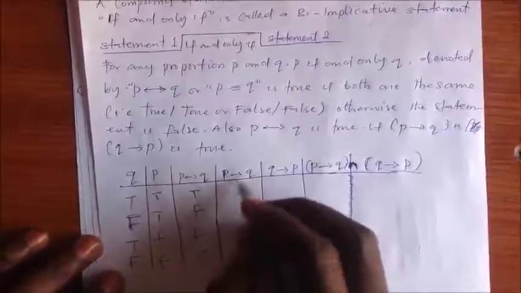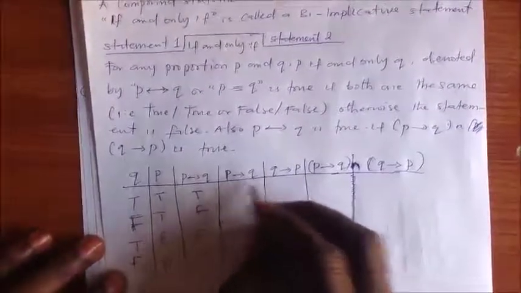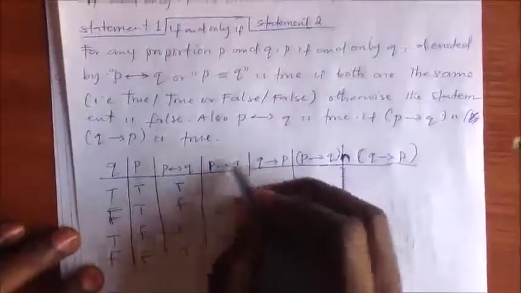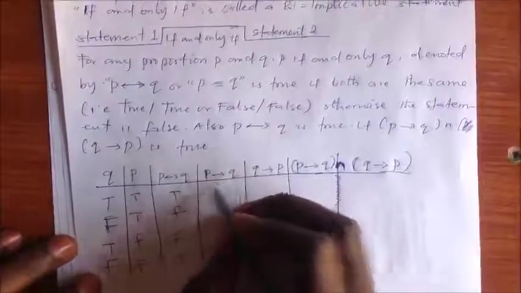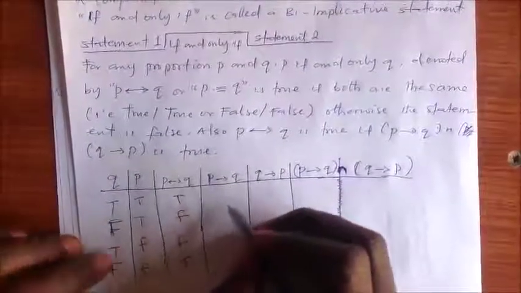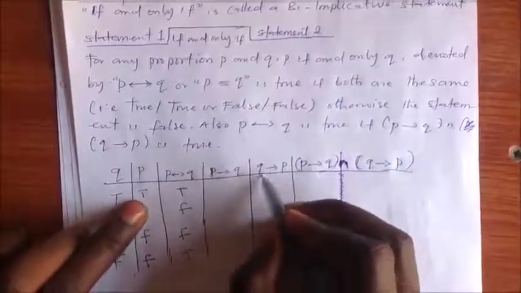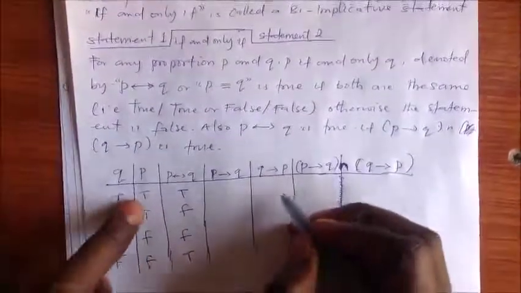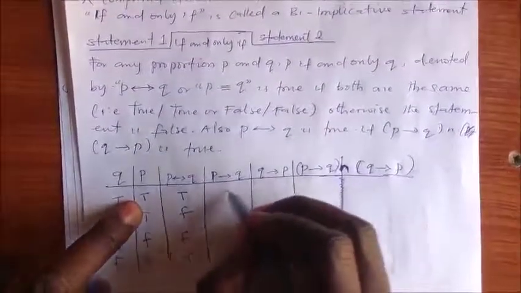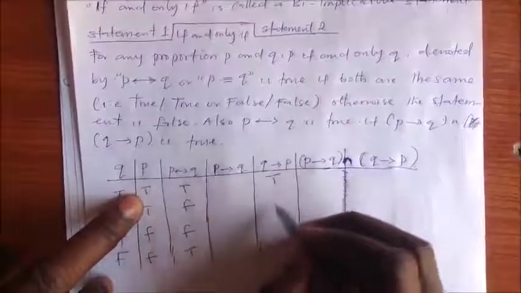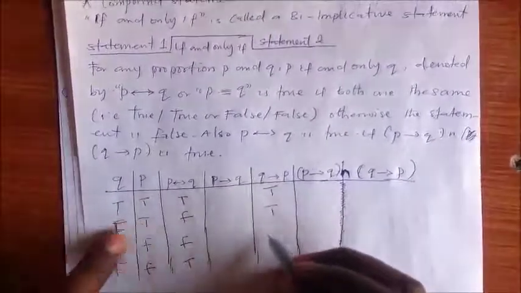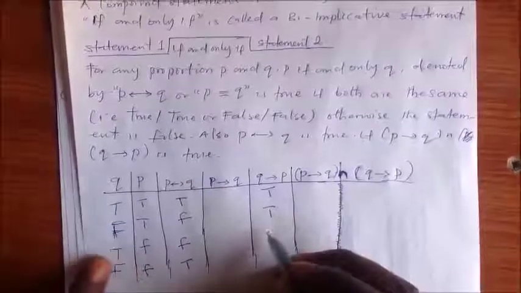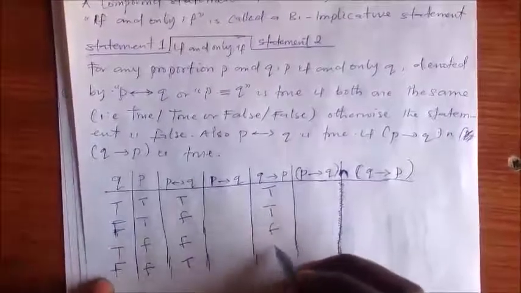Now we learn how to use the implicative from our previous class: P implies Q is true if Q is true or both statements are false. So now, since we have Q implies P, we first consider the P column. True, true is true; true, false is false; false, true is true; false, false is true.